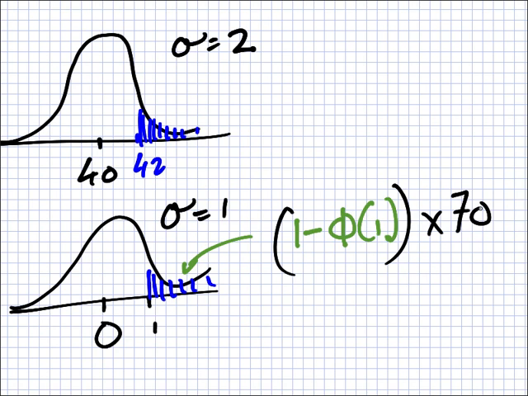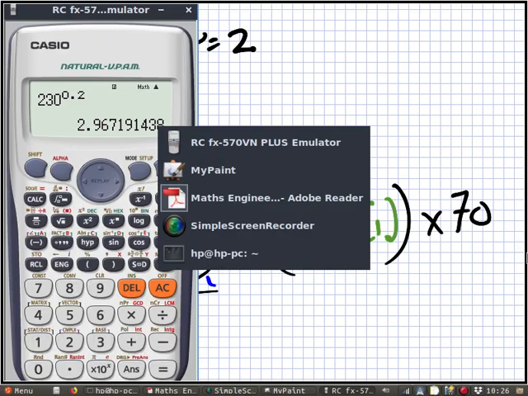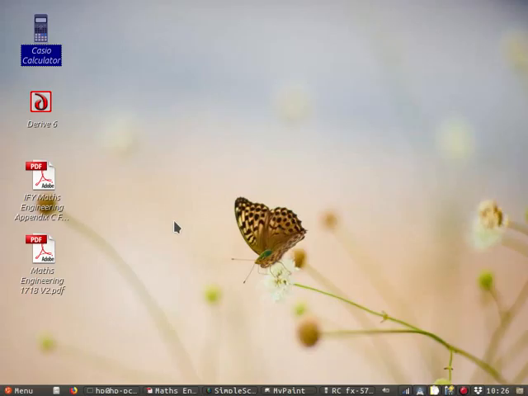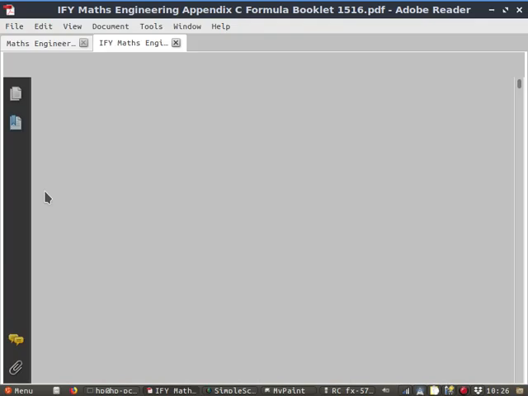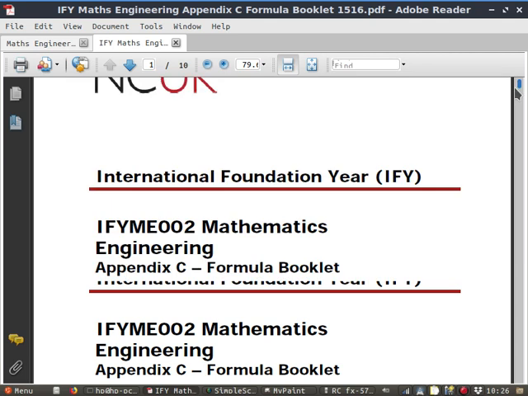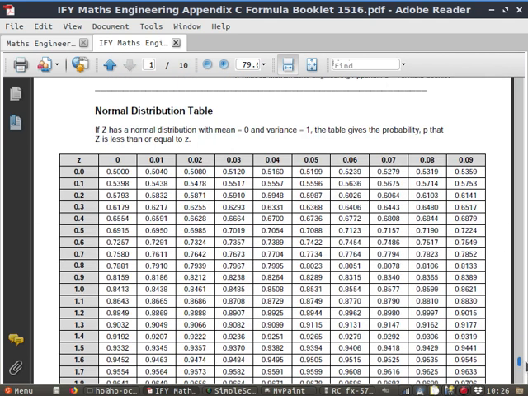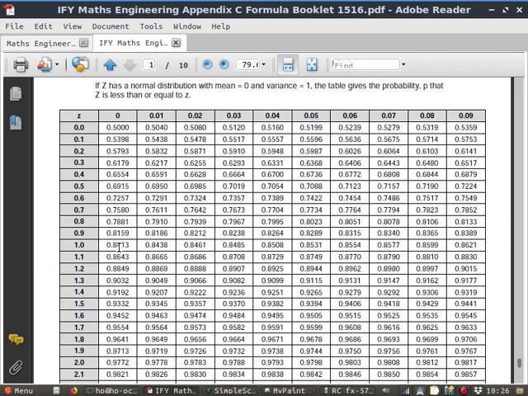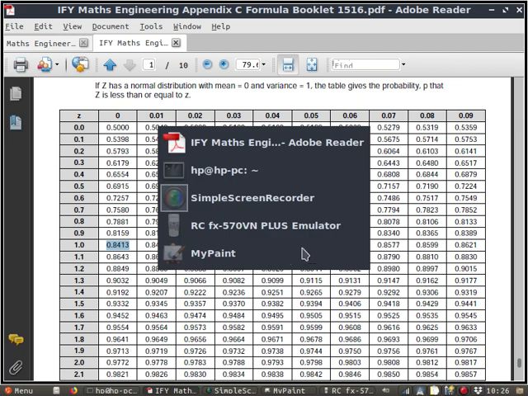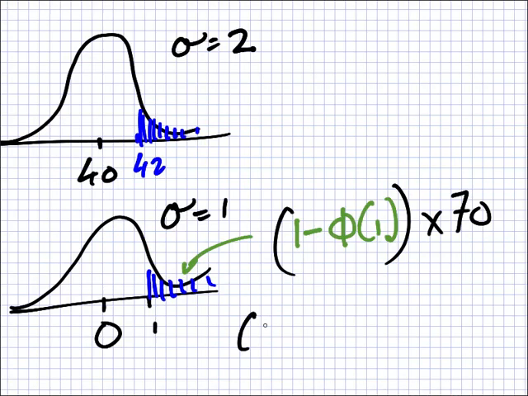So we open up our formula book that you'll get in the exam, go to the last page, go to 1, and we get 0.8413. 1 minus 0.8413 times 70, what's that?